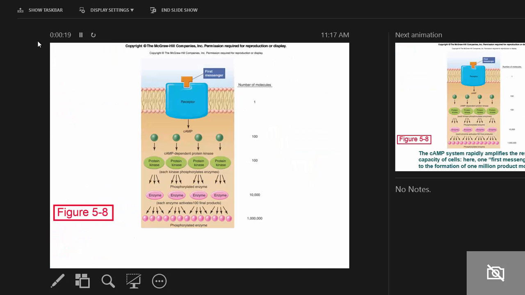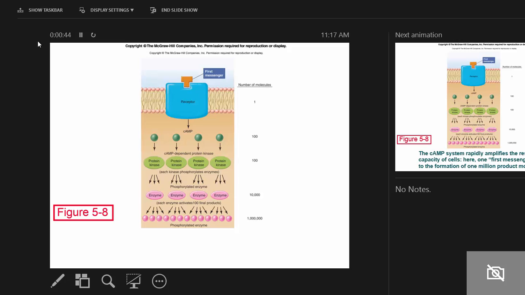So, in these four receptor systems that are in the plasma membrane, these hydrophilic, polar, large substances that need these receptors in the plasma membrane to work, this is what happens. It's an amplification system, right? You have one first messenger, this is a second messenger, and you've already amplified the system by 100 times.